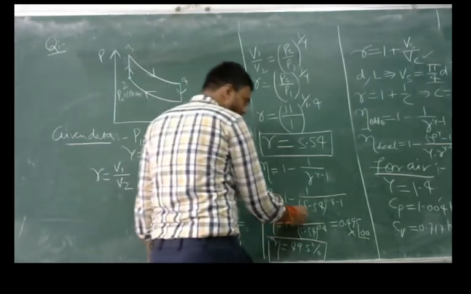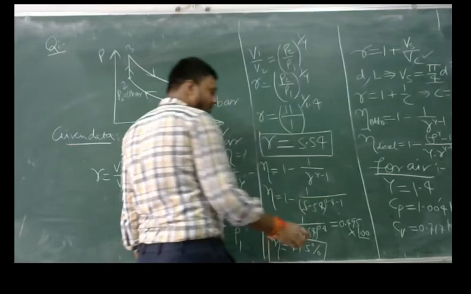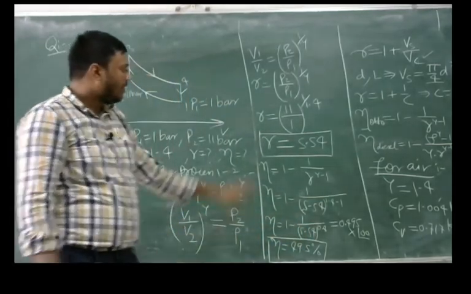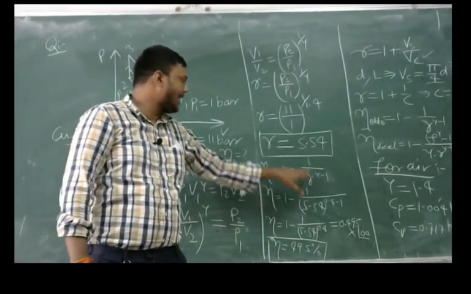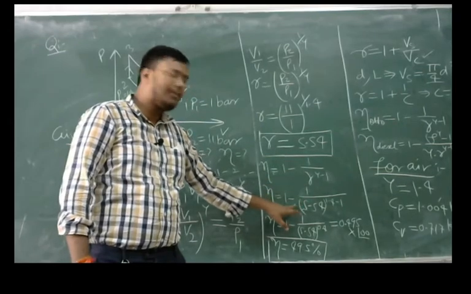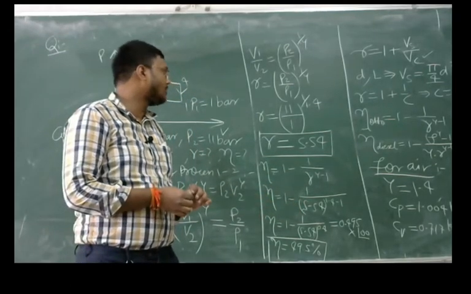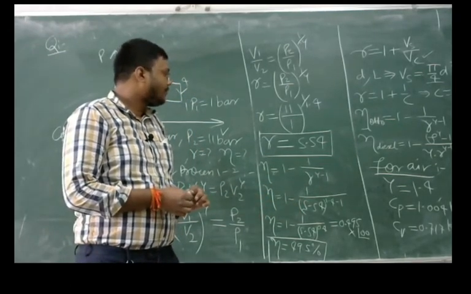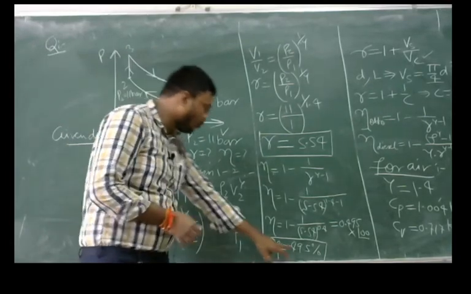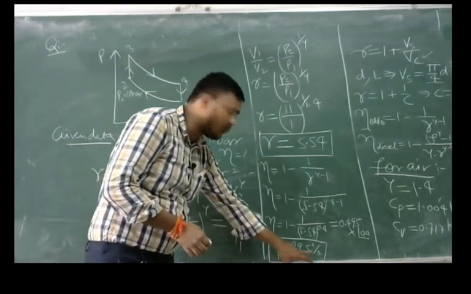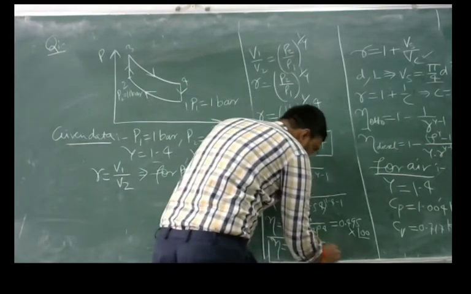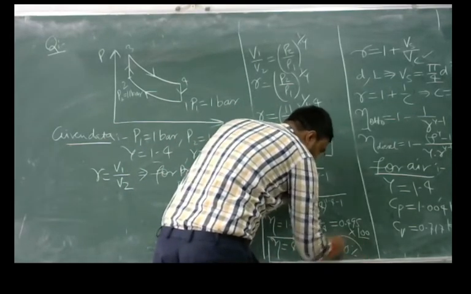This is how you can solve any question very easily. There may be some differences in the calculation. Maybe you got 50% instead of 49.5. That is okay, no problem.